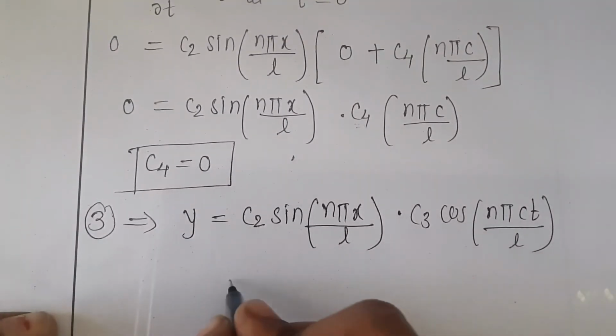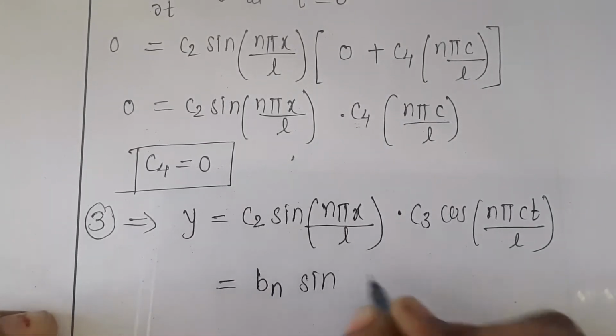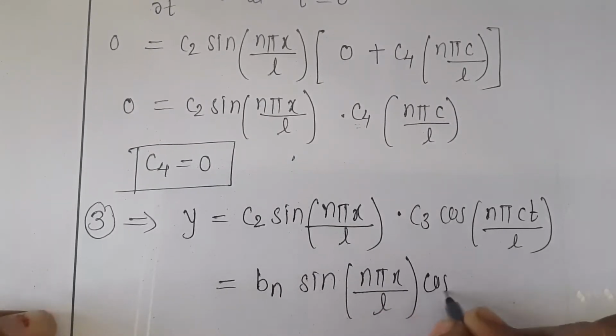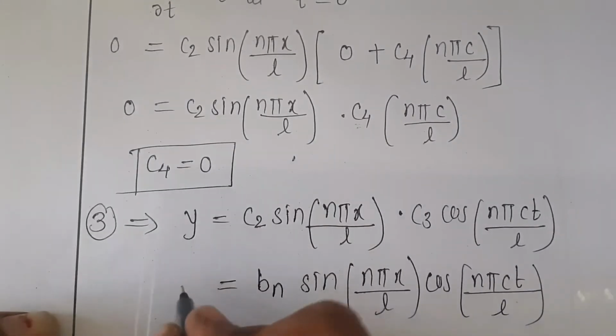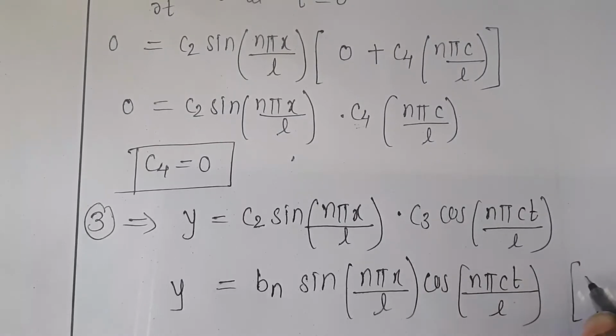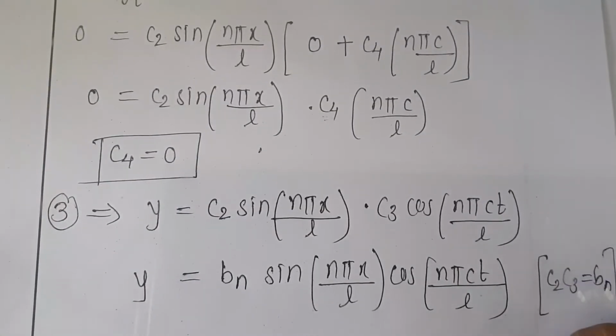Now C2 into C3 we denote by Bn, multiplied by sin n pi x by L multiplied by cos n pi Ct by L. This is our y. But Bn means B has many values, n has many values, that is 1, 2, 3 and so on. So C2 into C3 we have denoted here by Bn.